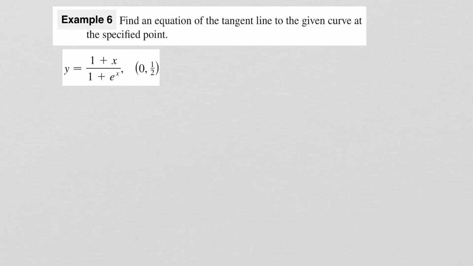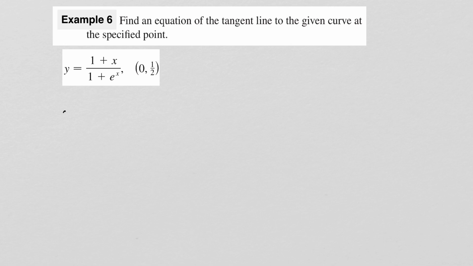In our final example, we want to find the equation of the tangent line to the given curve at the specified point. So our function is 1 plus x over 1 plus e to the x, and the point of tangency is x equals 0, y equals 1/2.